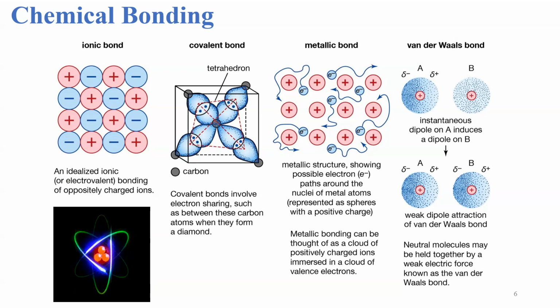Or we can have metallic bonding, such as copper or aluminum, where we have positively charged ions immersed in a cloud of valence electrons. Or there could be van der Waals bonding, where neutral molecules are held together by a weak electric force known as a van der Waals bond.